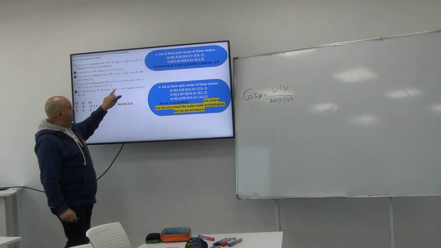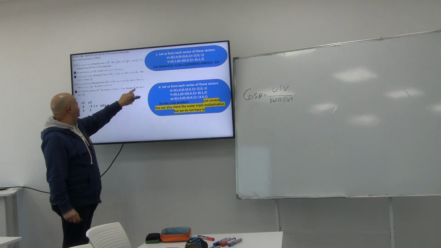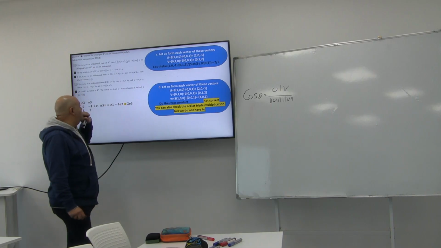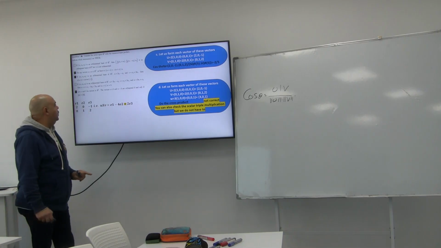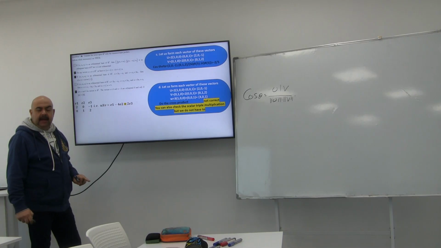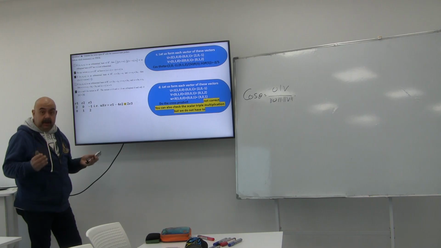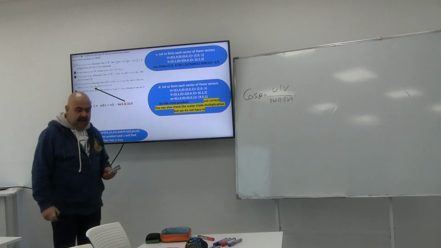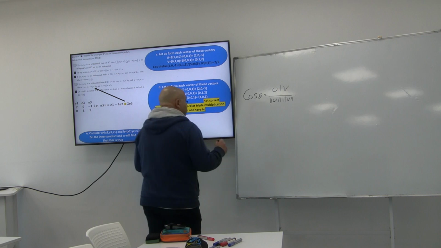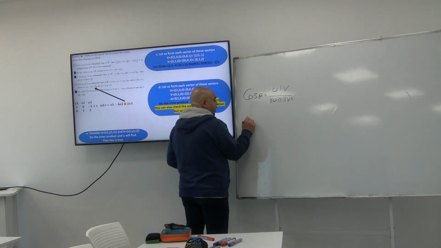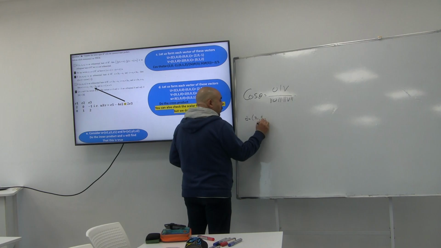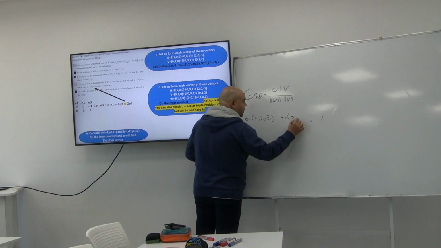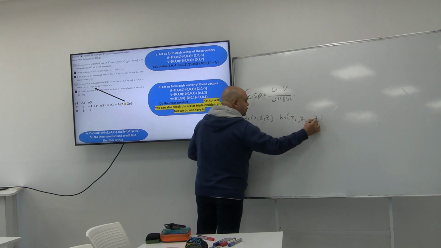The vectors A plus B and A minus B are orthogonal if and only if the magnitude of A equals the magnitude of B. I can do this very simply by imagining the components of A and B. So I will start by assuming that A has components x1, y1, and z1, and B has the components x2, y2, and z2.